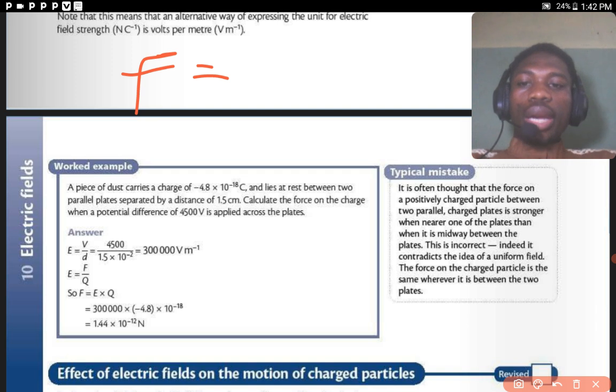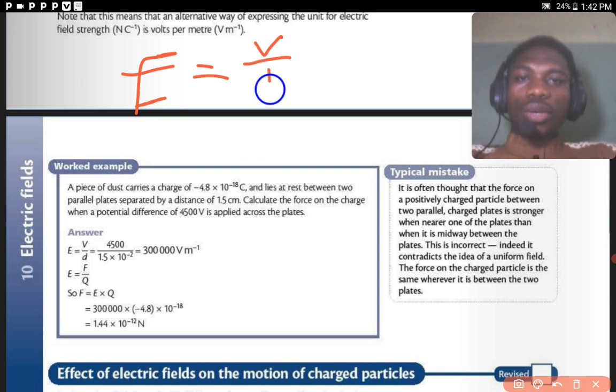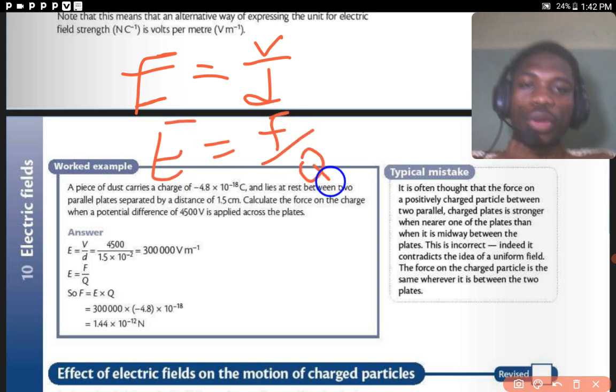Now you know that, first of all, E is equal to V on D. And then you also know that that same E is the same as F on Q. So what does it mean?